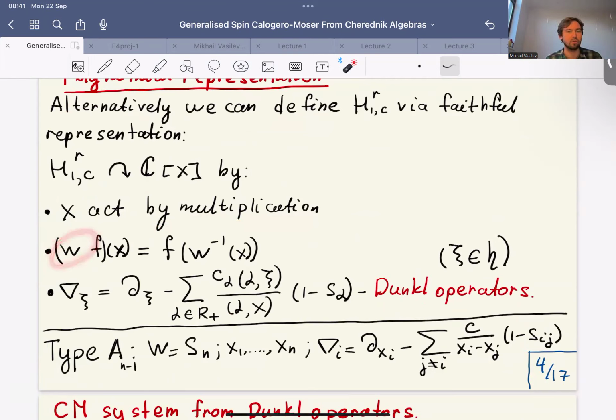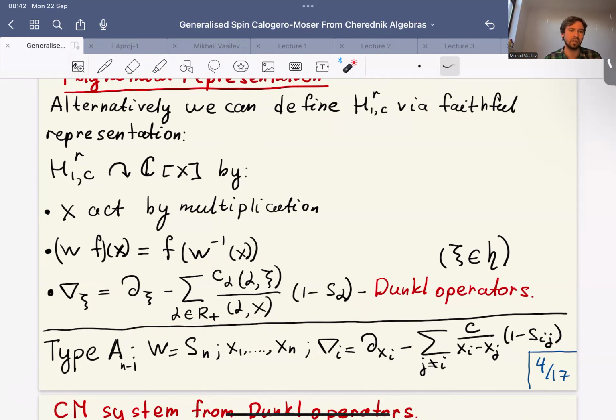Elements of the Weyl group, how do they act on the polynomials? Well, they just permute variables. And nablas act by Dunkl operators, which are just these objects. And this is a faithful representation. So if you don't like generators and weird relations, you can just think about these objects acting on polynomials.